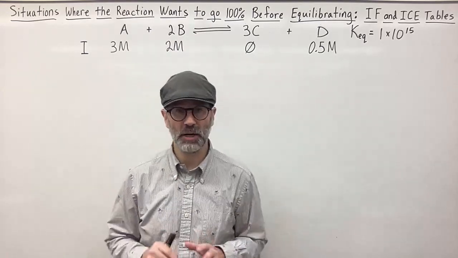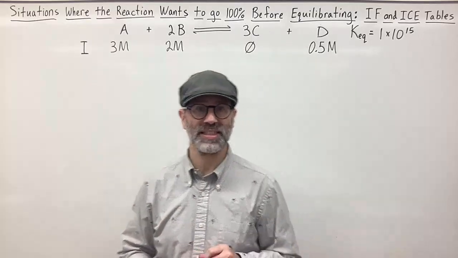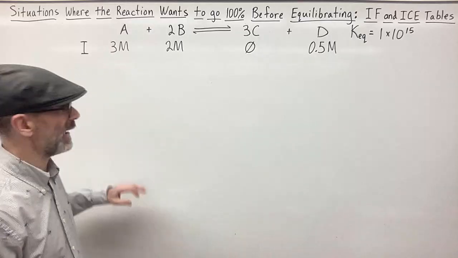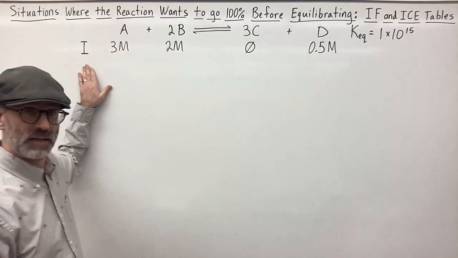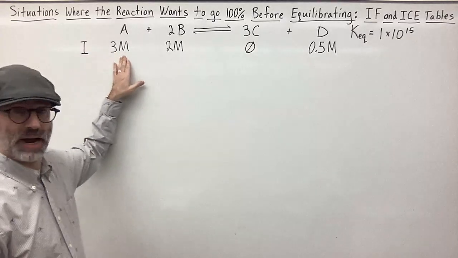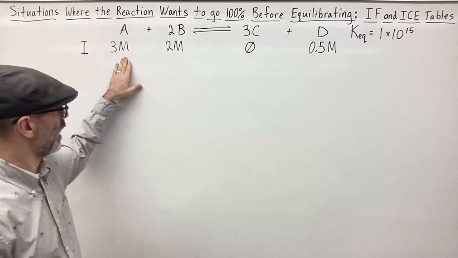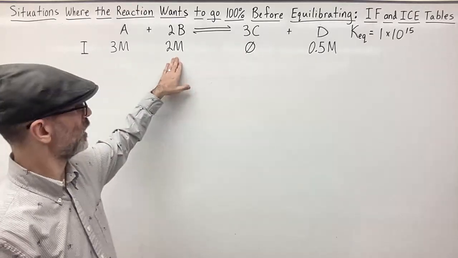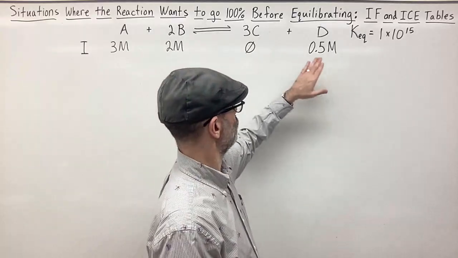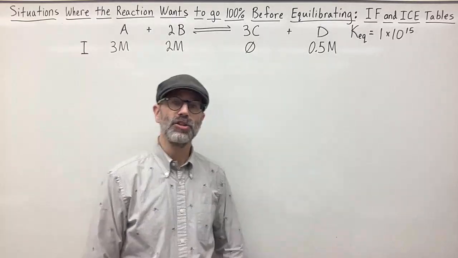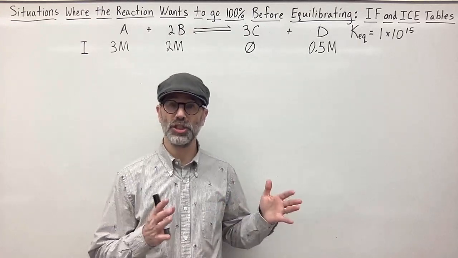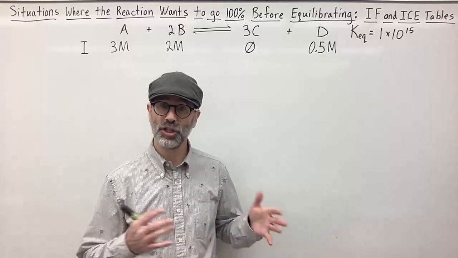Okay, so what am I talking about? Let me go over this example here. We have our generic equation, and we're starting initially with 3 molar A, 2 molar of B, 0 concentration of C, and 0.5 molar of D. In this situation, the first thing you want to do is determine which direction the equation is going to shift.